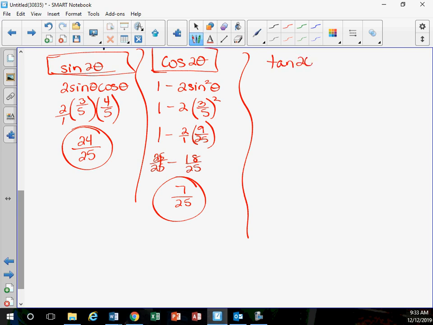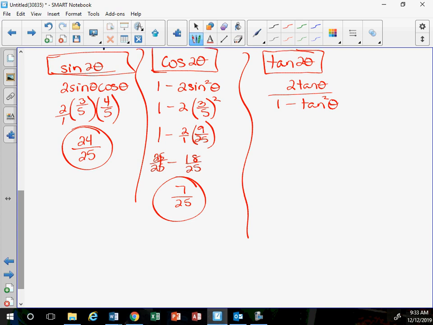All right, tangent of 2 theta. That's what's left. Okay, so my formula for tangent of 2 theta is 2 tangent of theta over 1 minus tangent squared theta. It's obviously going to be the ugly one.